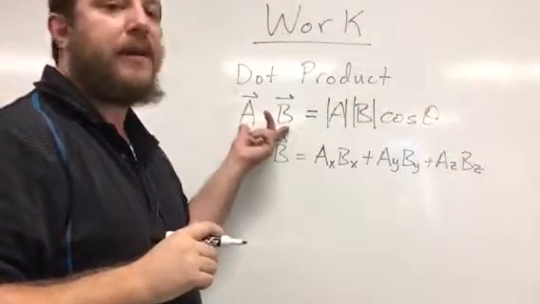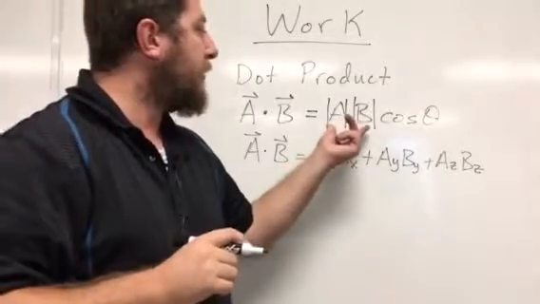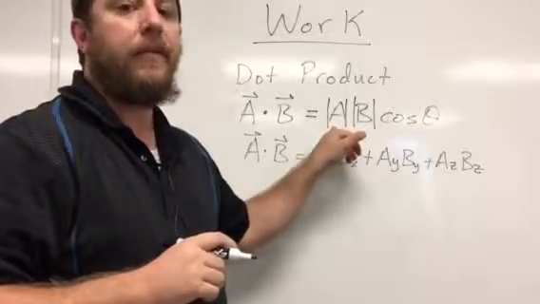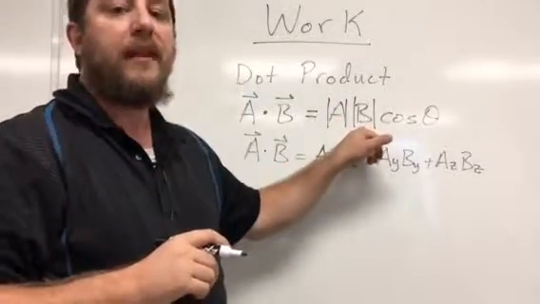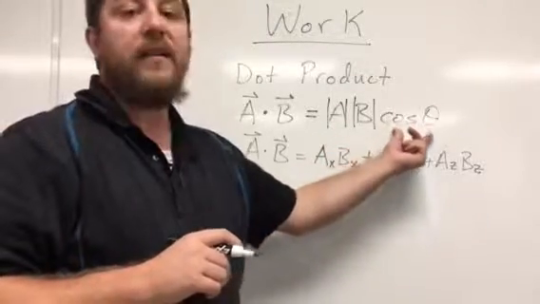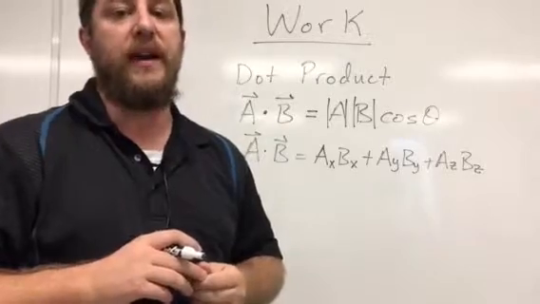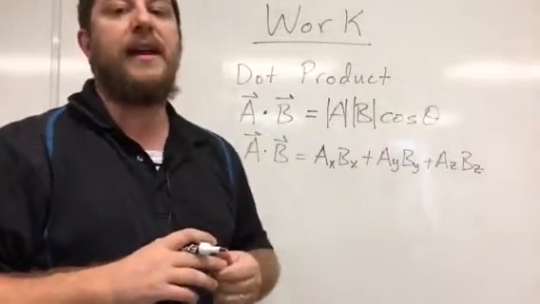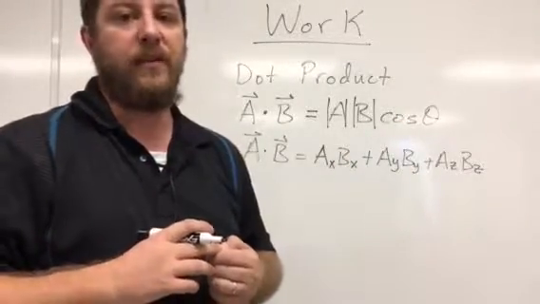If I dot A and B together, what I'm doing is taking the magnitude of A and multiplying it by the magnitude of B, and then multiplying that product by the cosine of the angle between the two vectors, okay? So theta is the angle between the two vectors.